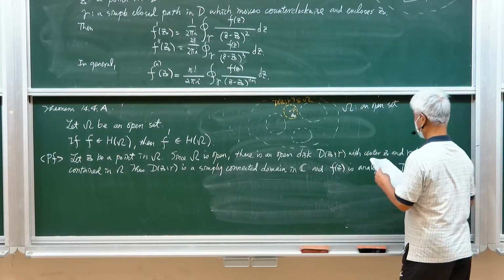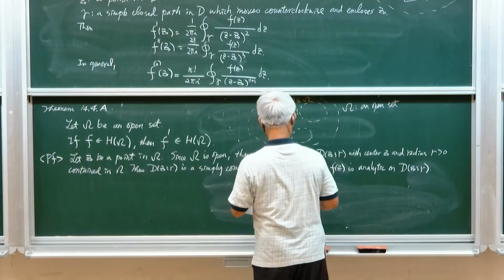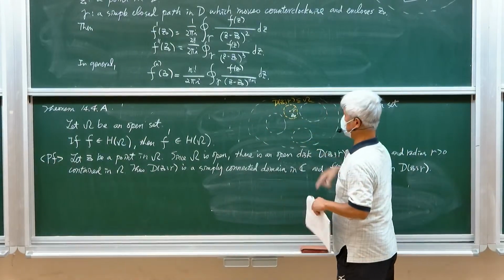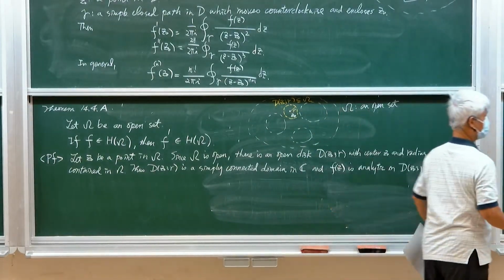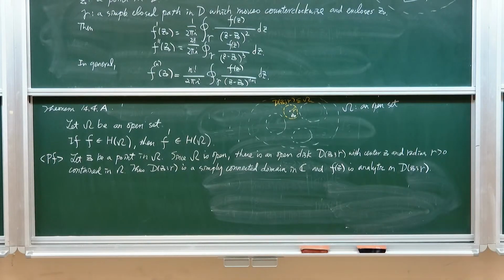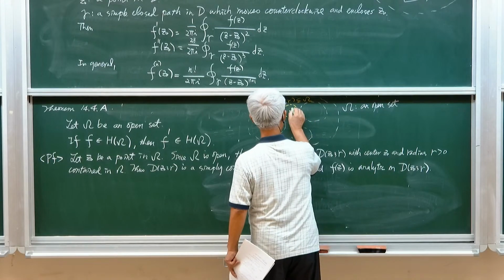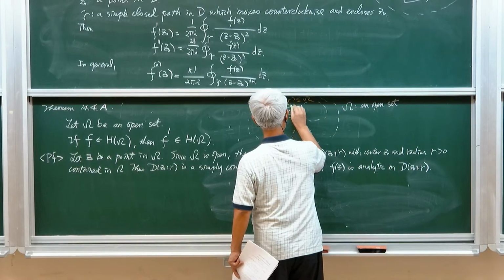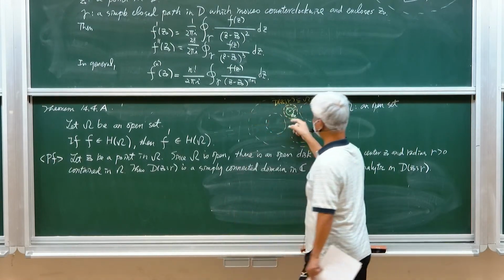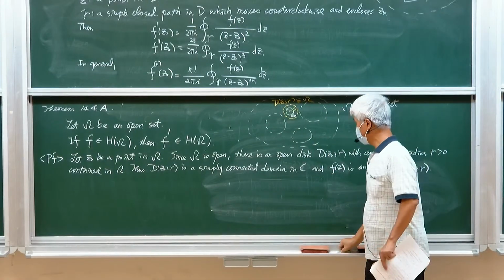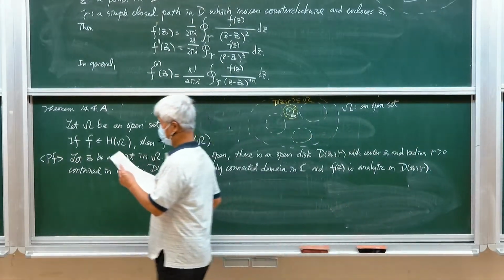All right, now in this open disk, we select a simple closed path. So we select, say, a circle here, positively oriented.